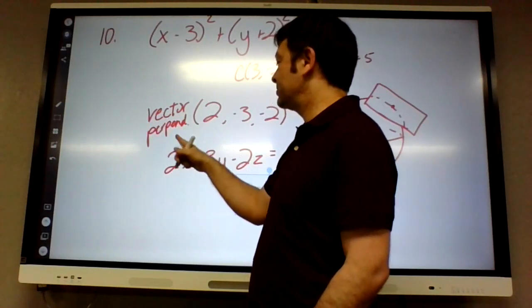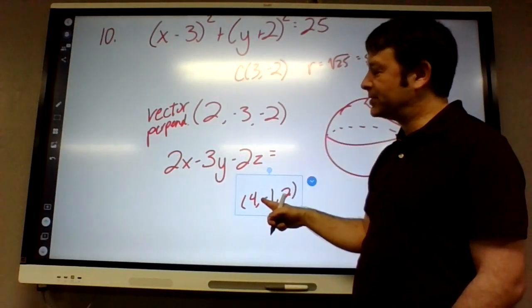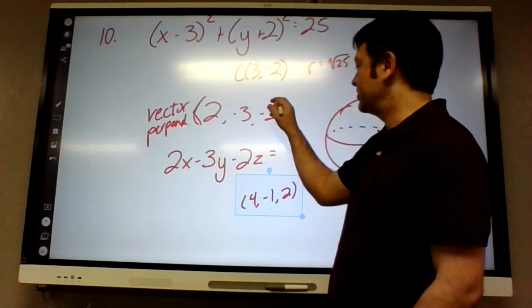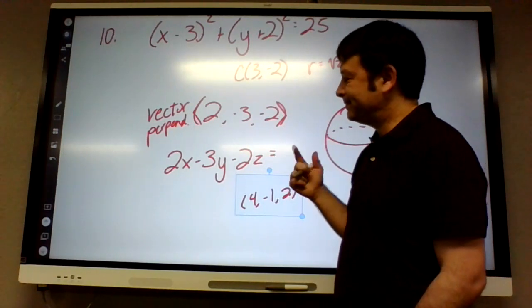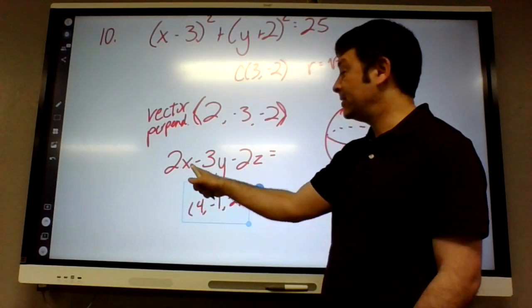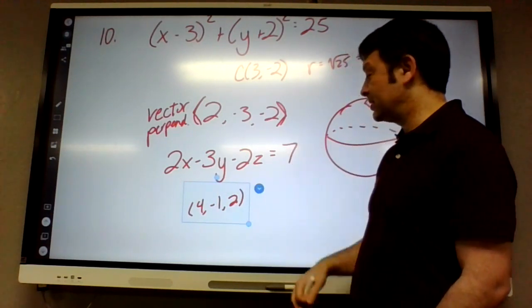That's how you get those, and then you plug the point in that's on the plane to get this. I really wish they would use different symbols for vectors like this. And if I plug that in, that'd be 8 + 3 is 11, minus 4 is 7.